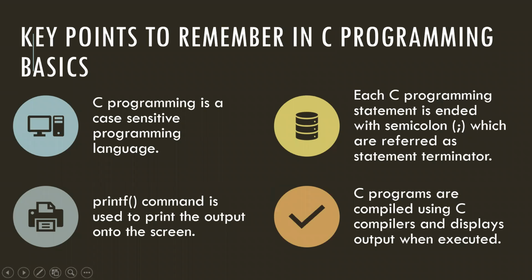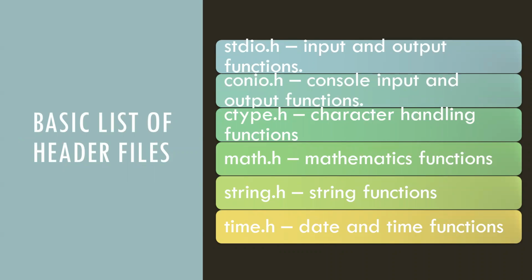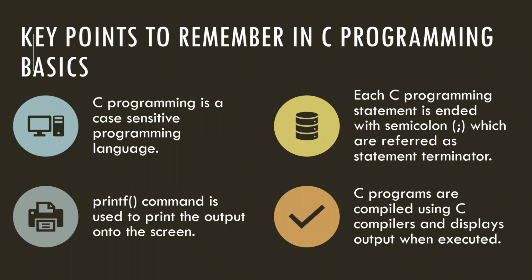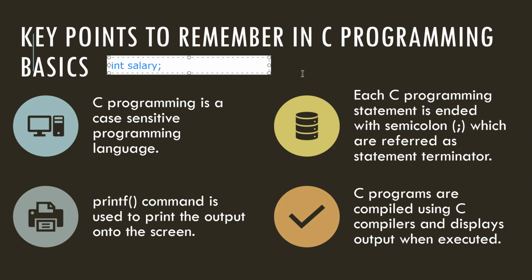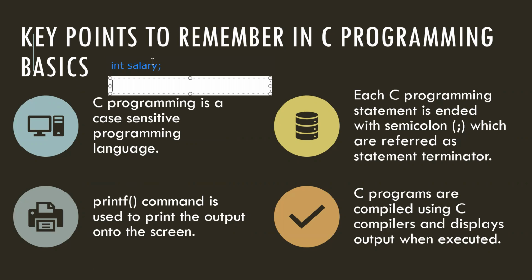Now, you've learned about the different header files, right? What about the key points to remember in C programming basics? Whenever you're coding in C, please take note that C is a case-sensitive programming language. So if we already declared a variable, for example, I'm going to declare salary as my variable, make sure that if you use salary again, it should be a lowercase s.